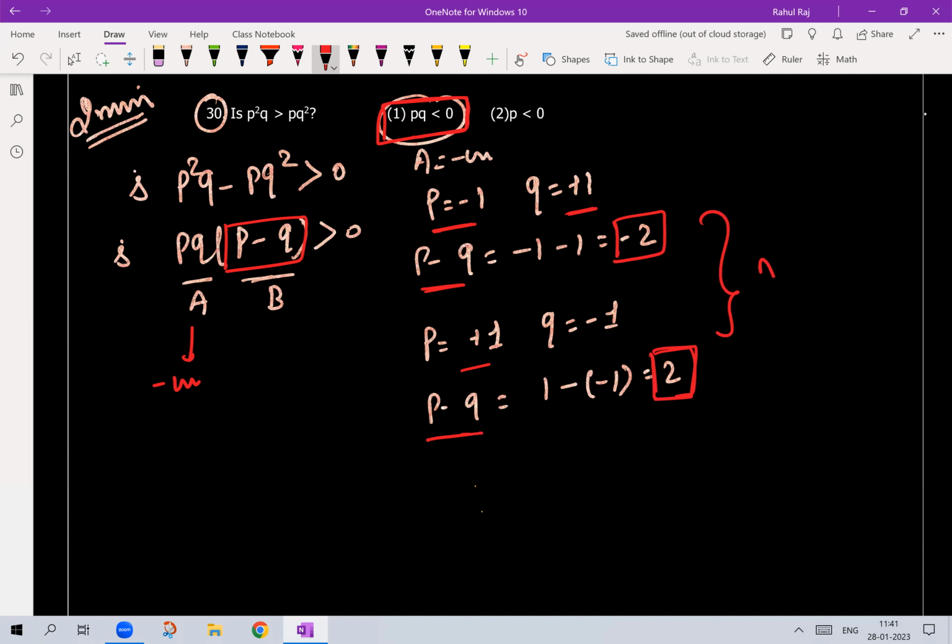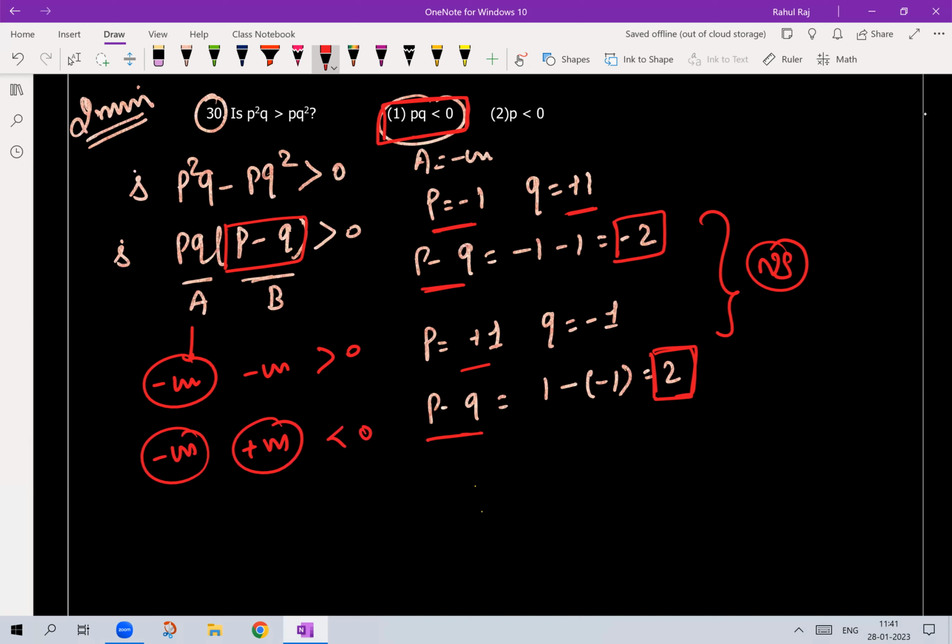So this is not sufficient because I know that PQ is always negative, but P minus Q can be negative as well. In that case, PQ into P minus Q is greater than 0. And PQ is always negative, and in one case, P minus Q is positive as well. So in this case, it is less than 0. So when I take these numbers, simple. See here, no confusions at all. I'll just write it properly.